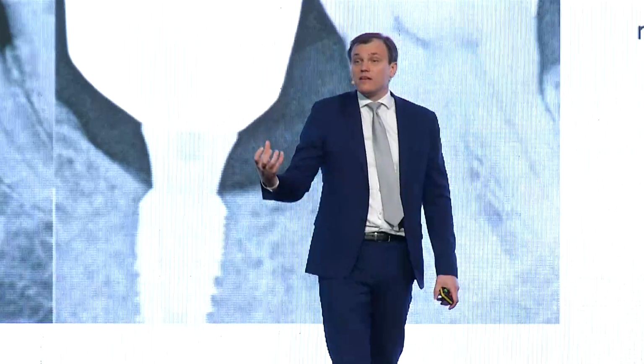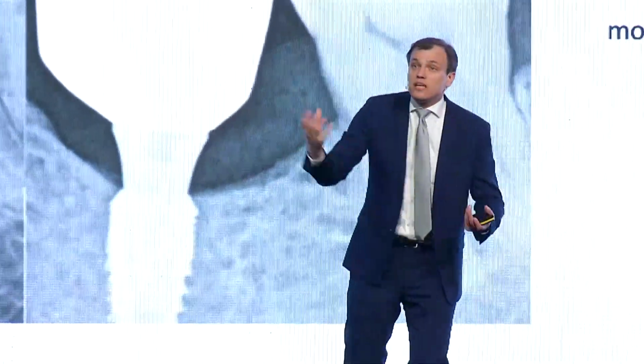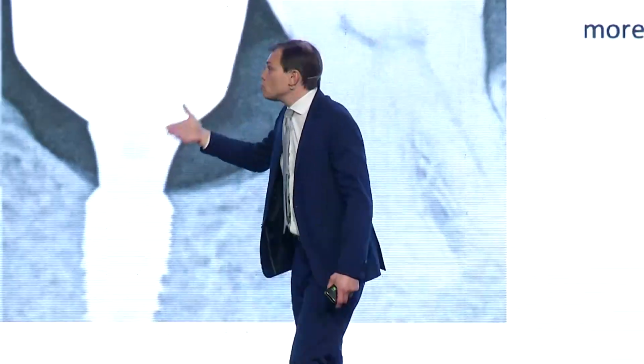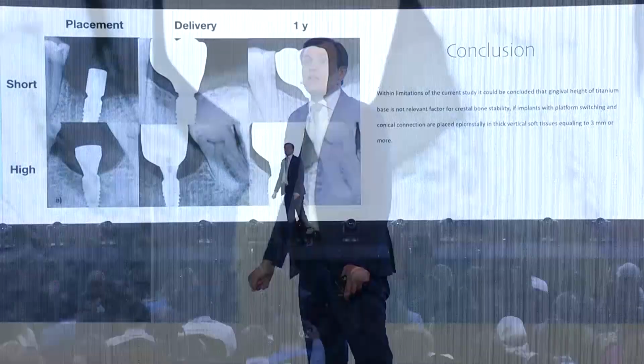So again, look, we go back to this idea that you cannot isolate a factor like tie base height and say, look, this is most important. You need to have 2 millimeters because you're going to lose bone. No, that's not true, depending on the implant position.